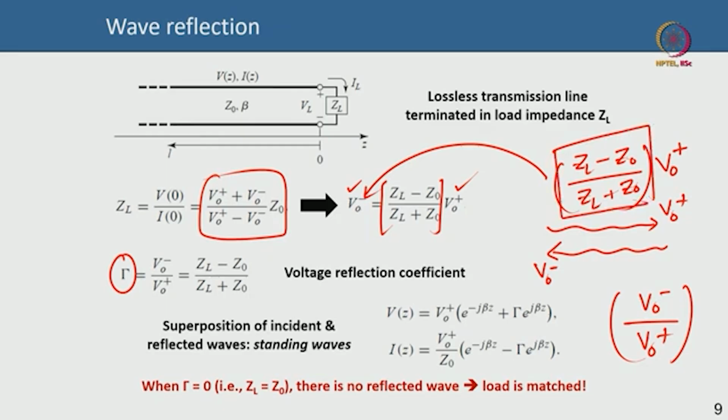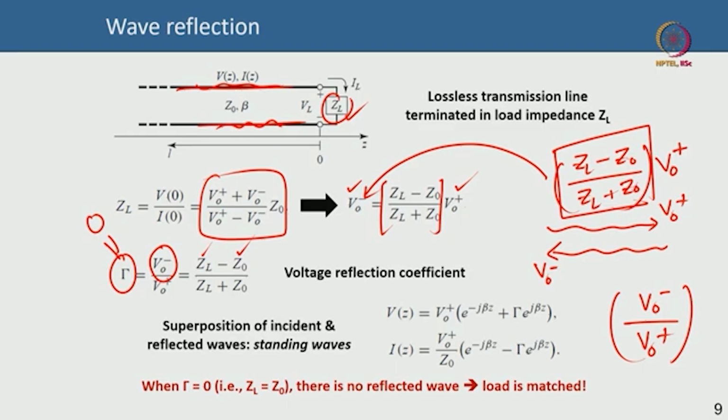So, what does it mean? If your ZL is equal to Z0, assume that your load impedance is exactly equal to your line characteristic impedance, then your gamma will be equal to 0. That means there is no reflected voltage wave, and the reflection coefficient is therefore 0. In many cases this is the desirable situation, which means you do not want a reflected wave; you want everything that you are sending in to be completely delivered to the load without reflecting anything back.